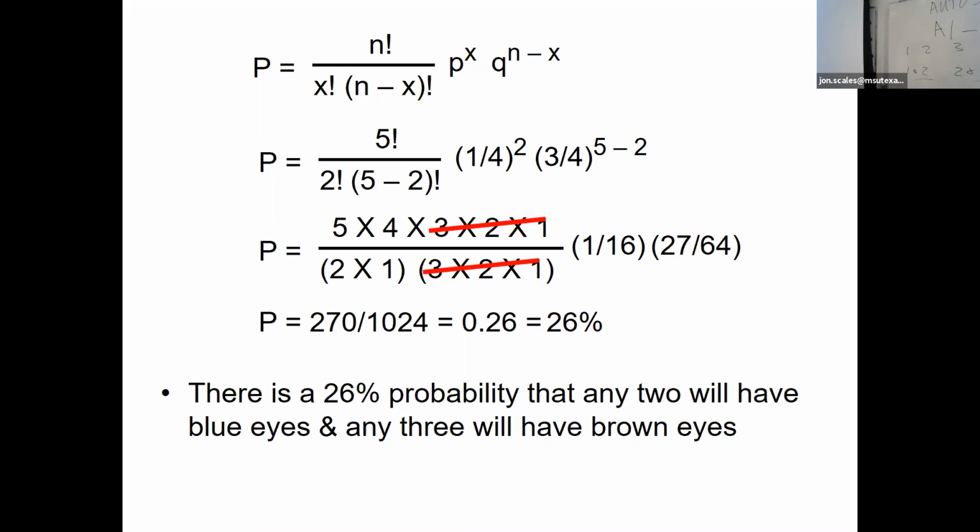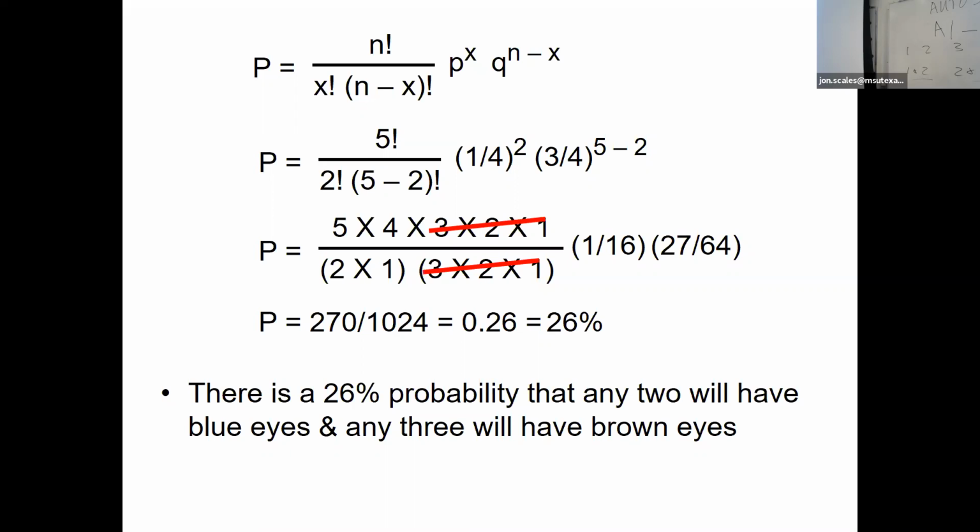Okay? So this would be if 2 had it, but is 2 the only answer, right? At least 2 out of 5. So if you had 1 kid with blue eyes, would that satisfy that request?